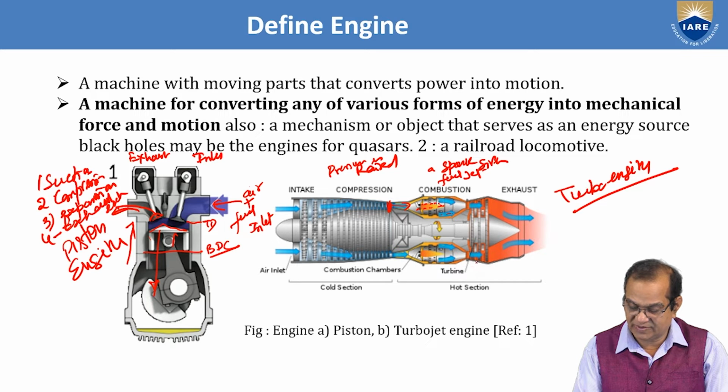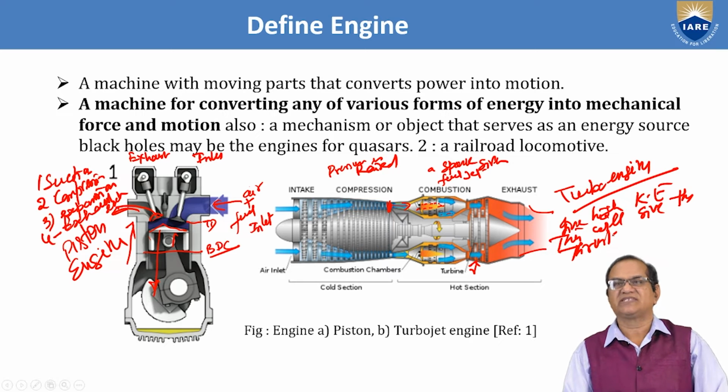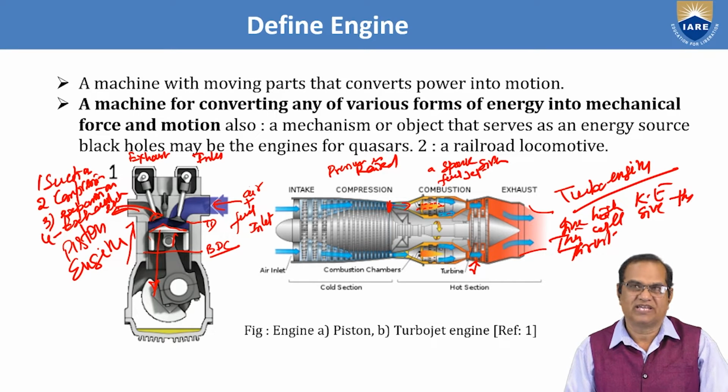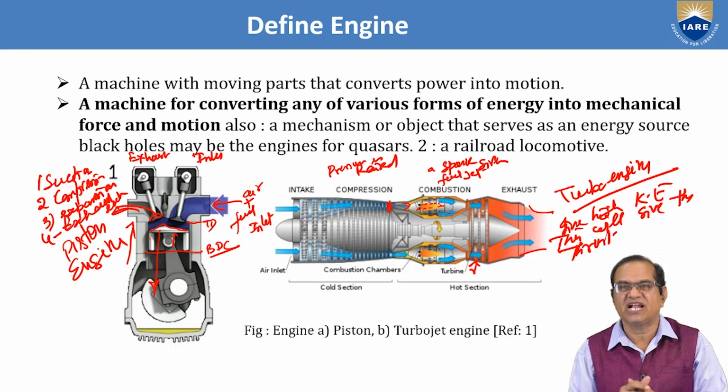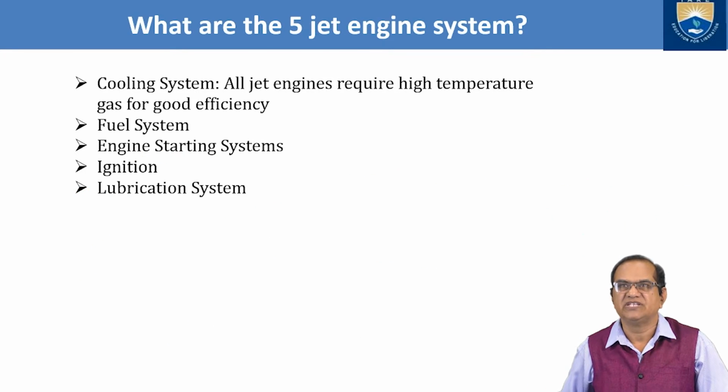This turbine will give the expansion, and here is the nozzle. In this nozzle, it will give high kinetic energy, and this will give the thrust. So in this way, these turbo engines work. I have given a definition and also a working principle of the engine.